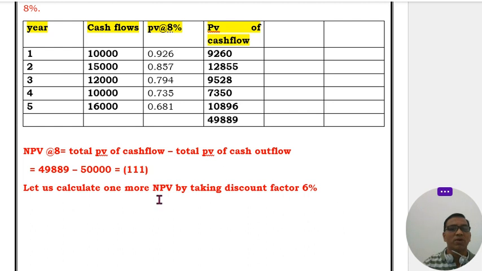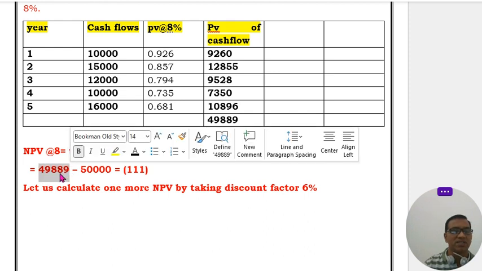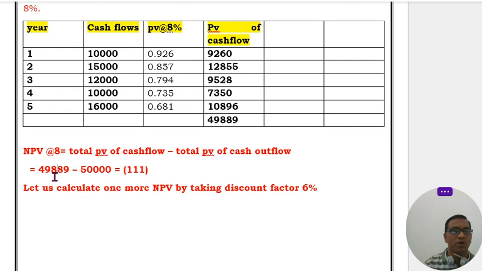Why did I take a lower rate? Because I have to increase the PV of cash flow. If I want to increase this value, I decrease the rate. If you want to decrease the value, increase the rate. But here I want to increase the value, so I have to decrease the rate, meaning below 8%. You can take 7 also, but I want to take 6%.